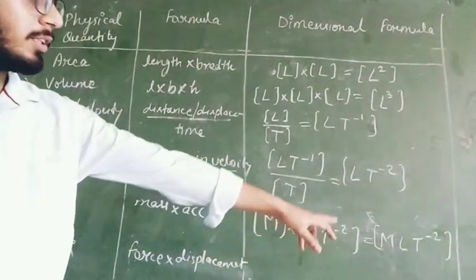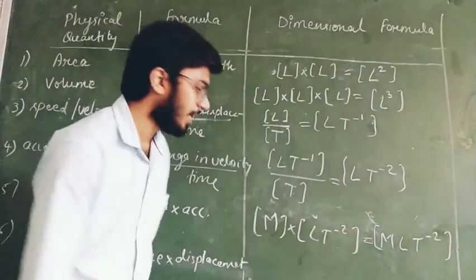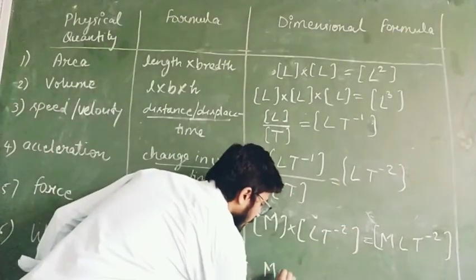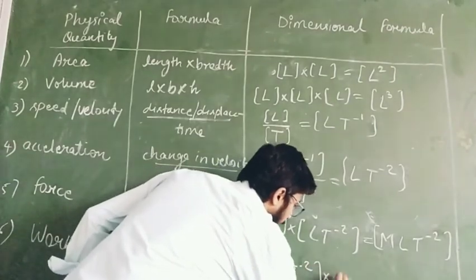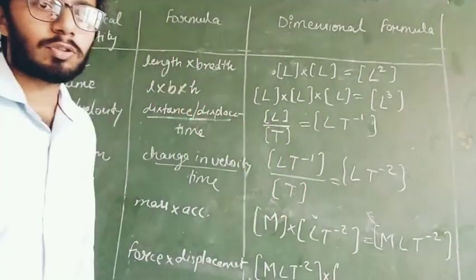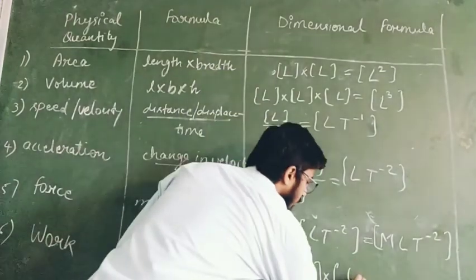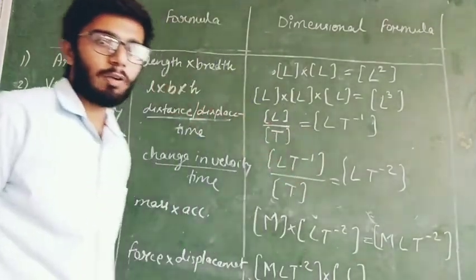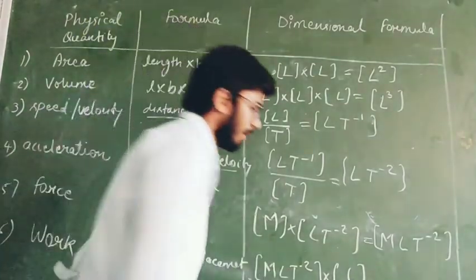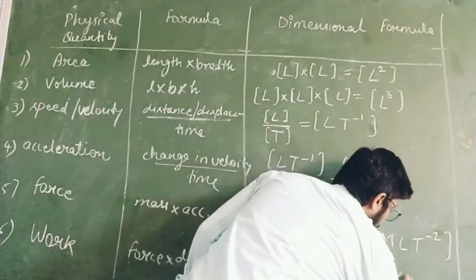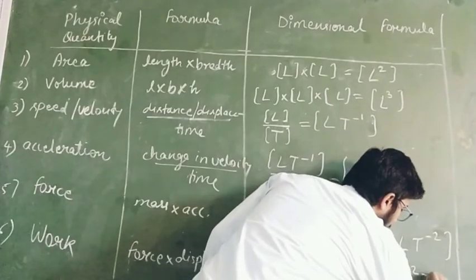For force, the dimensional formula is already obtained: [MLT^-2]. Displacement is a length, so for length it is L. So the dimensional formula will become [ML^2T^-2].